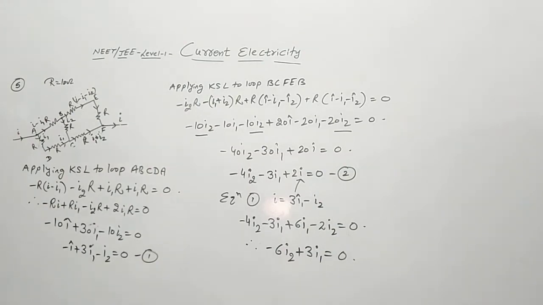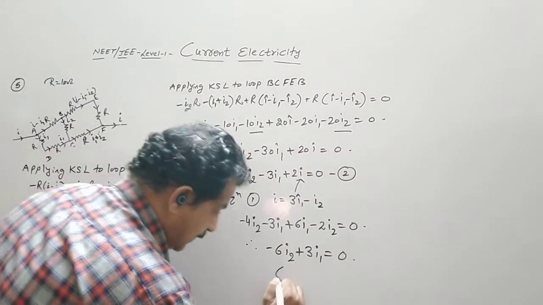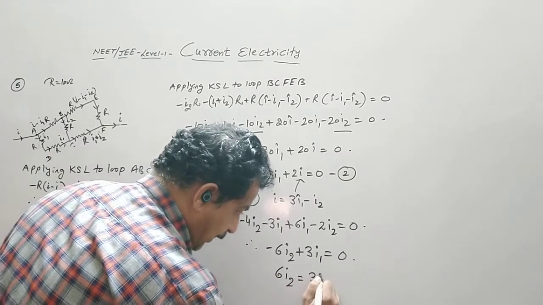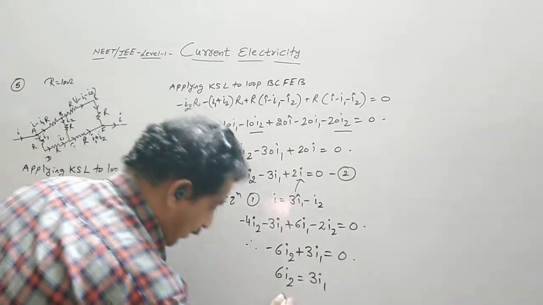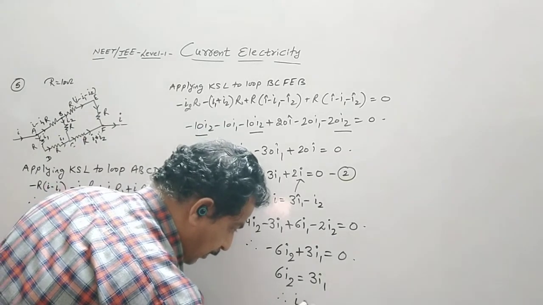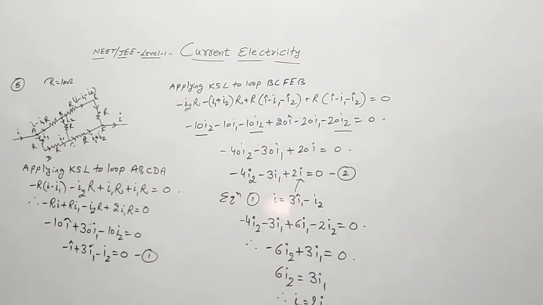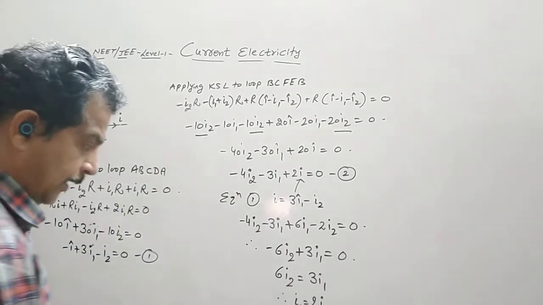So this gives you the relation between I1 and I2: 6I2 is equal to 3I1. So therefore I1 is equal to 2I2.